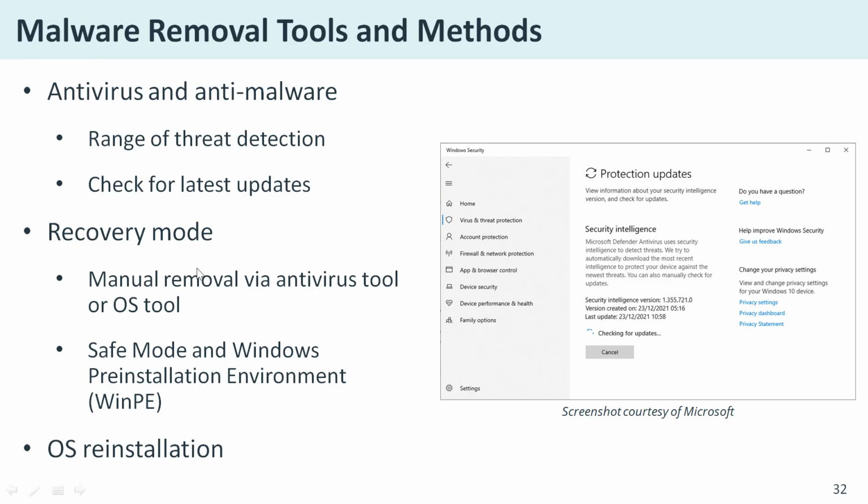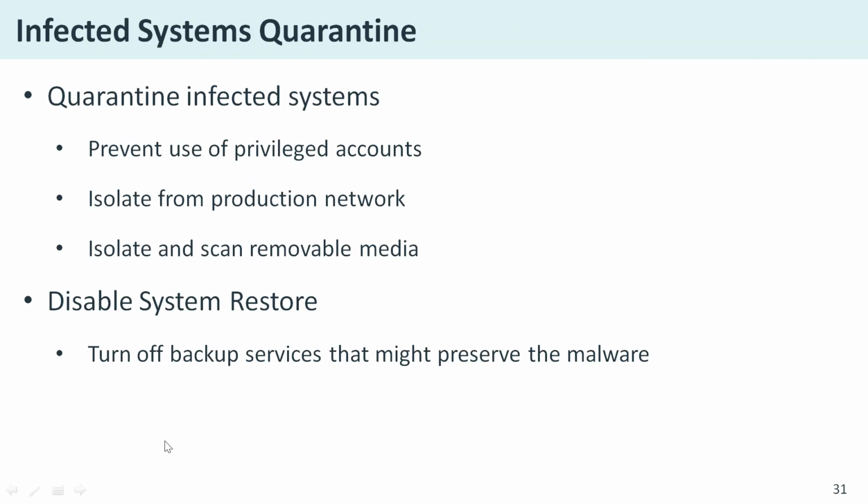Recovery mode is one way to remove the malware from the system. So you recover the system back from the very beginning. So all these are methods of removing malware. So the OS reinstallation that we talked about earlier: you can install the OS and it's going to take out the malware, right?